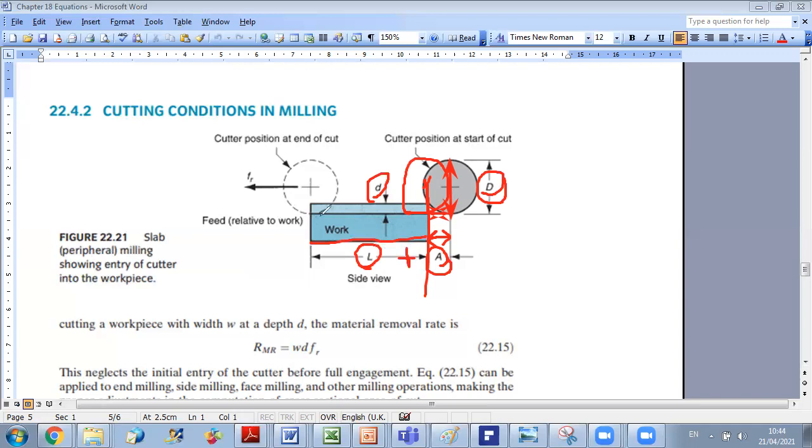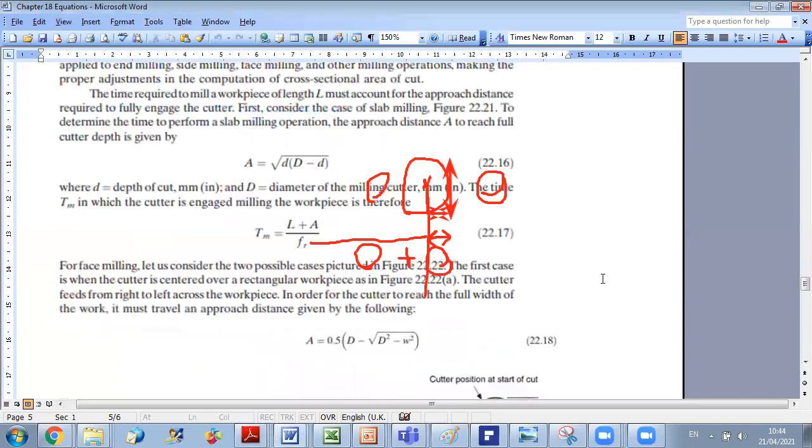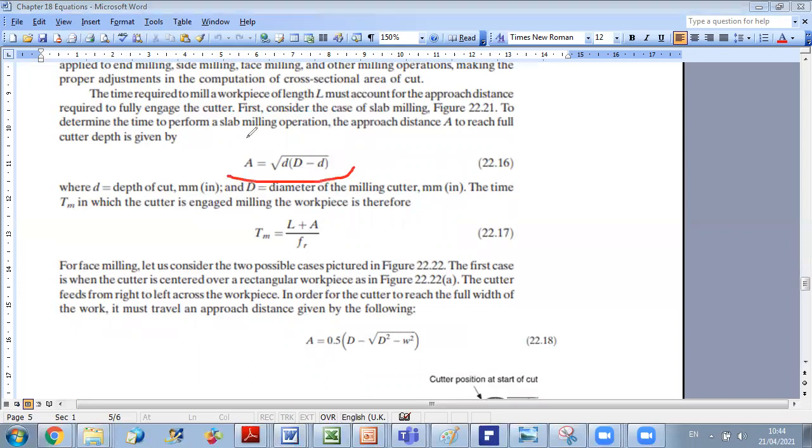So now we can compute the machining milling time: it is L plus A over the feed rate. What will vary from one milling operation to another is the approach distance term, so we will find how it varies between milling types. For peripheral milling, this is the formula.